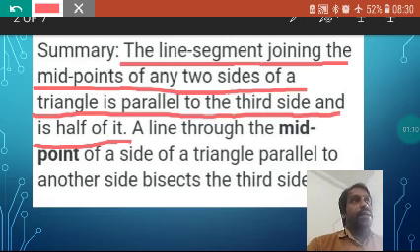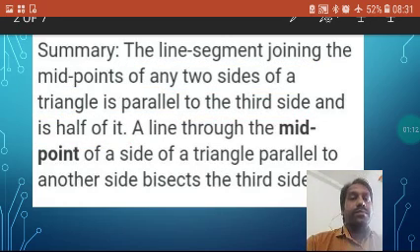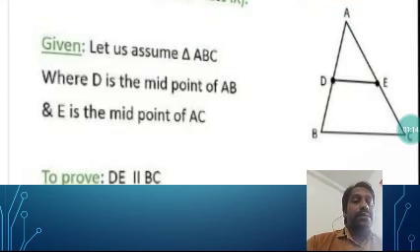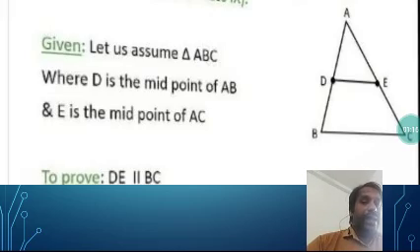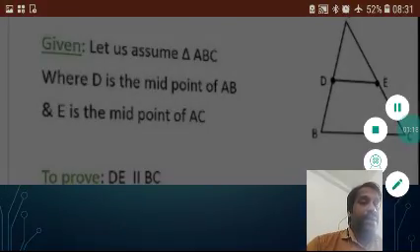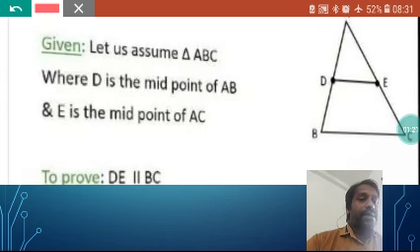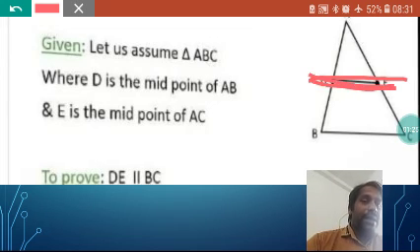Midpoint theorem means in a triangle, see, this is one triangle here. These are the midpoints, and when they are joined, this line is parallel to this line, and this is half of this.